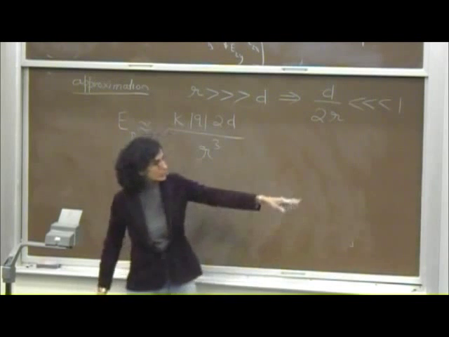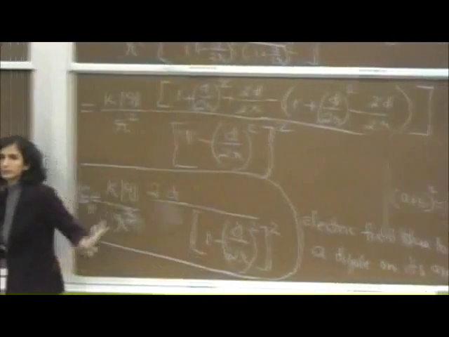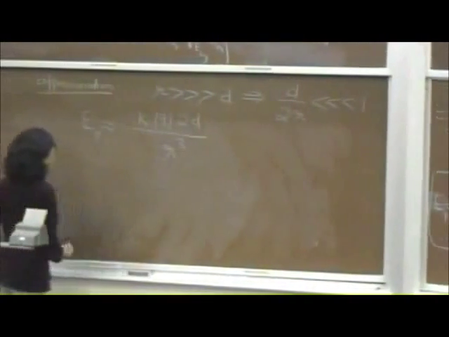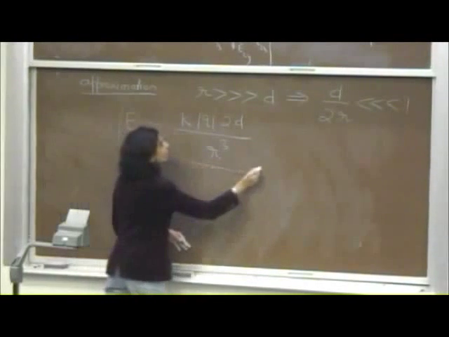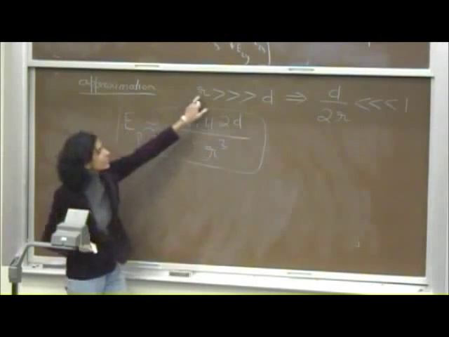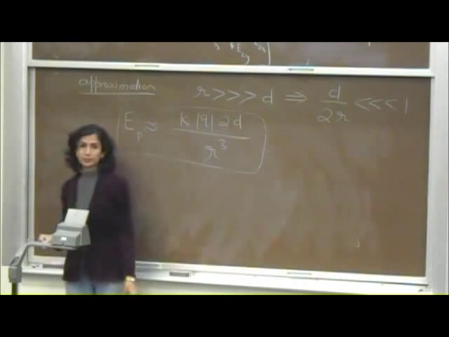And so we just said, hey, this is almost 0 compared to 1. Throw that out. Okay, so this is the electric field of a dipole at a distance r which is much, much greater than d on the axis.